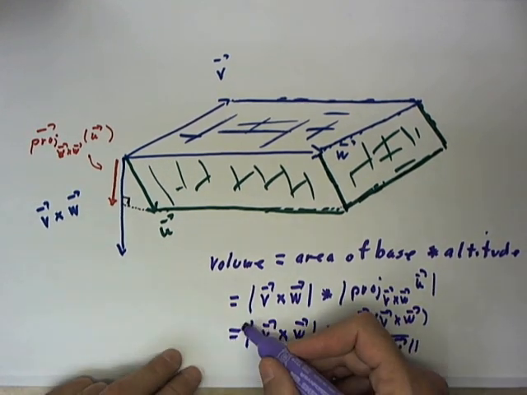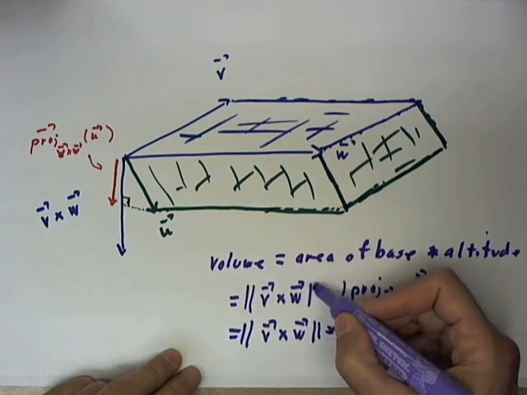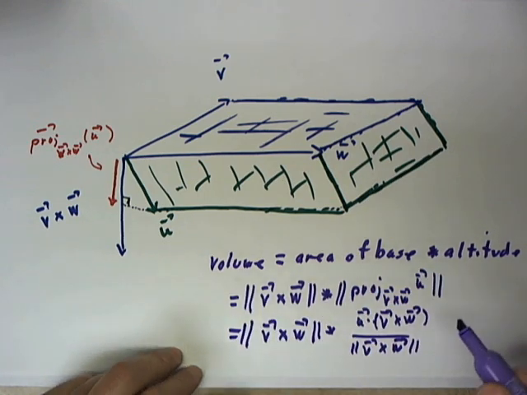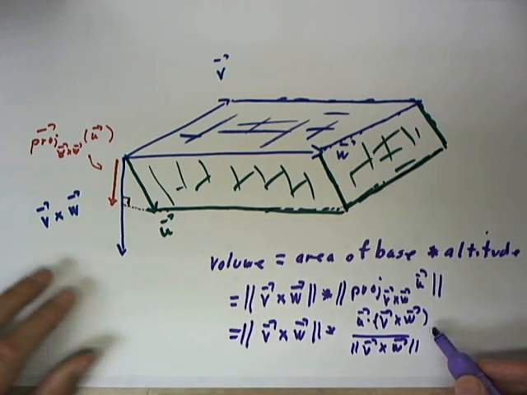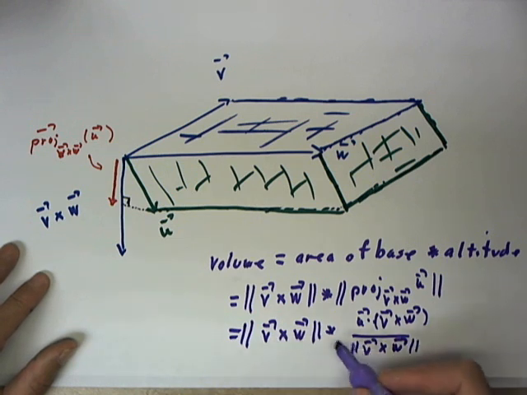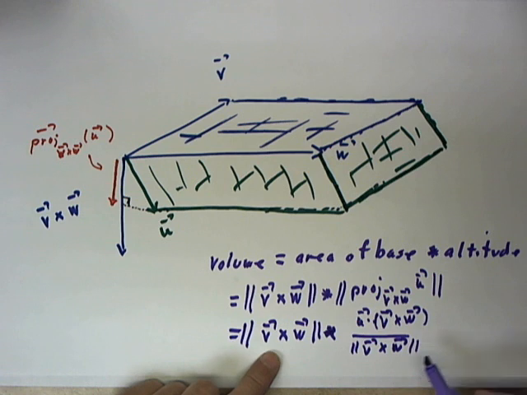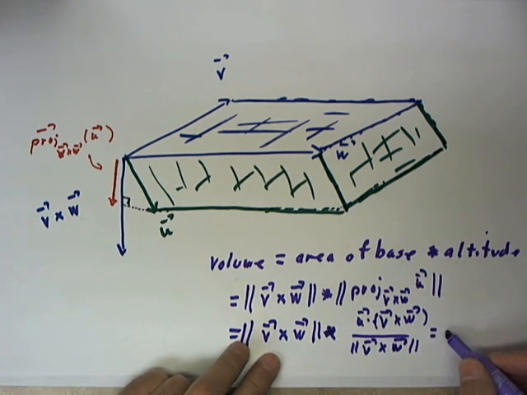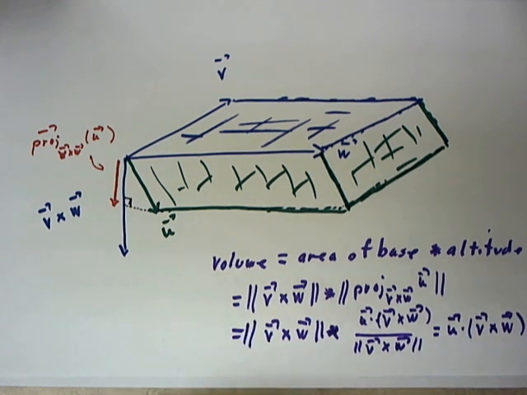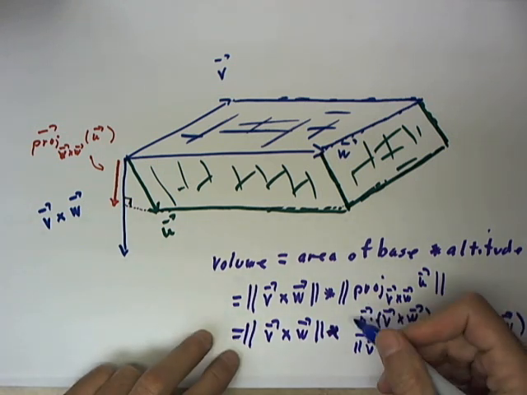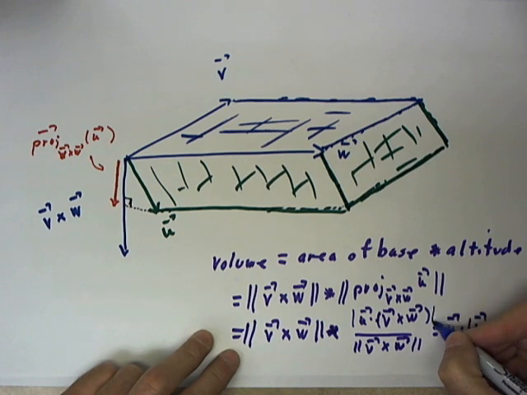Well, the magnitude of V cross W is here and here. Let's use the magnitude symbols. And when we multiply this out, we find that the magnitude of V cross W cancels out, and the volume is just U dot V cross W. Now, there's one more thing I need to do here, and I need absolute value signs around this.